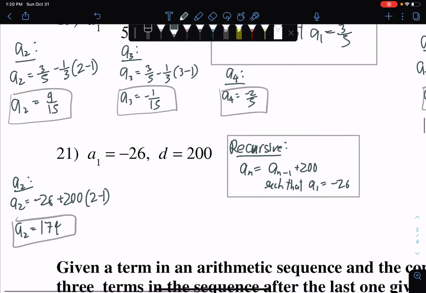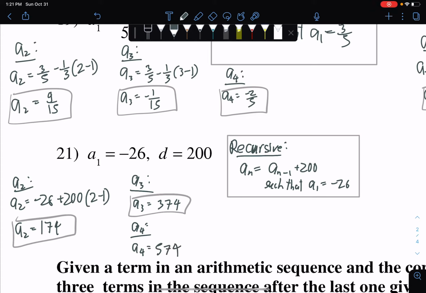Positive 174. Okay, for a sub 3, the same formula. 3 minus 1 is 2. A sub 3 is equal to 374. For a sub 4, the same formula. 4 minus 1 is 3, so we get 574.